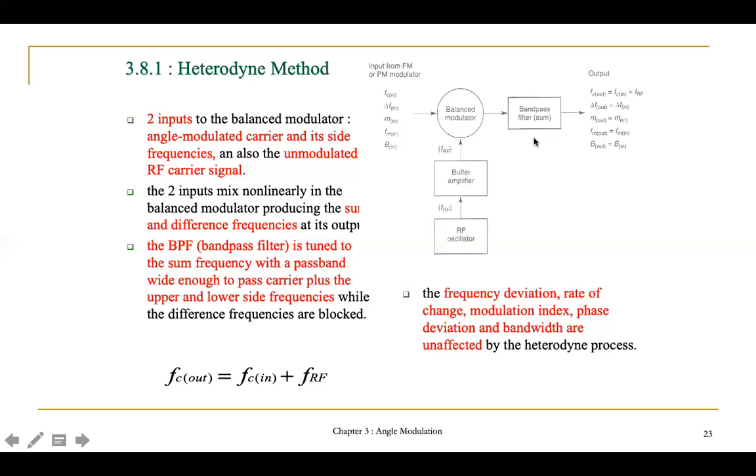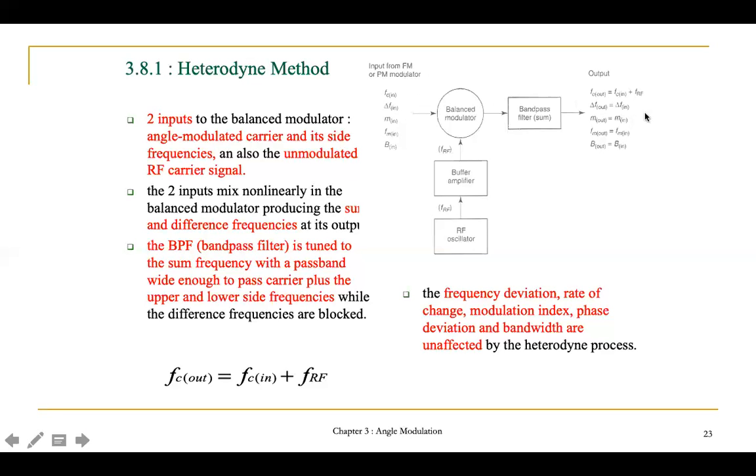What it does is that the RF oscillator will generate a new frequency, which we call FRF. This frequency will be added to the frequency from the FM modulator or PM modulator here.